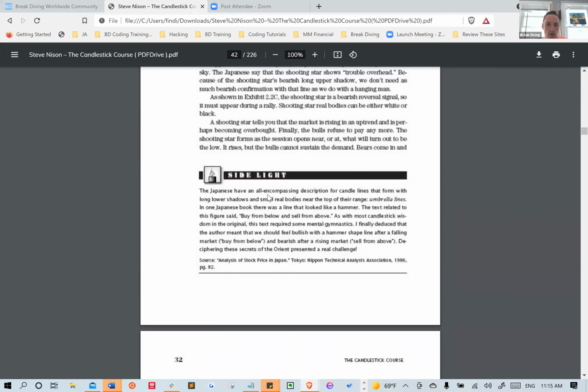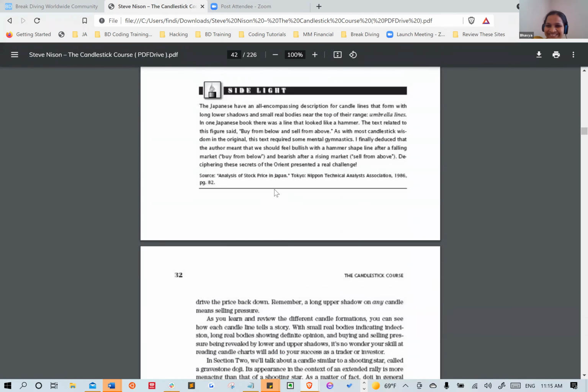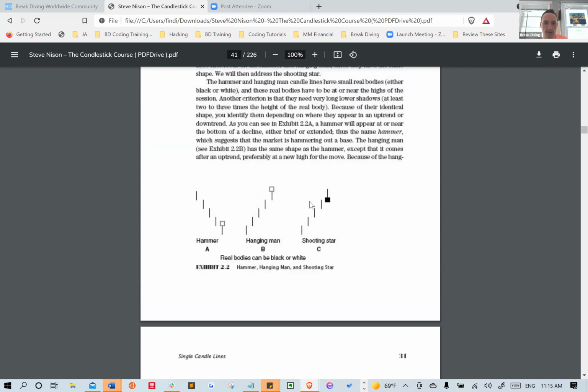Wow, we're already at the end. The Japanese have an all-encompassing description for candle lines that form with a long lower shadow and small real bodies near the top of their range: umbrella lines.